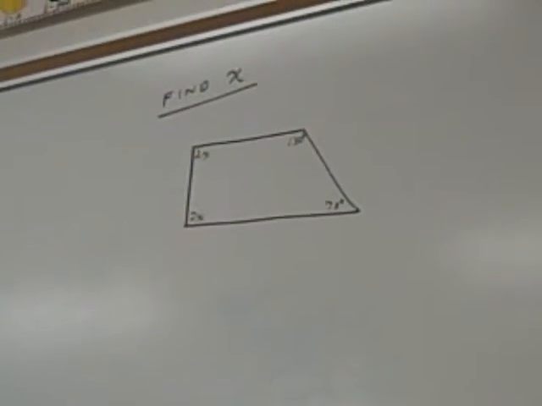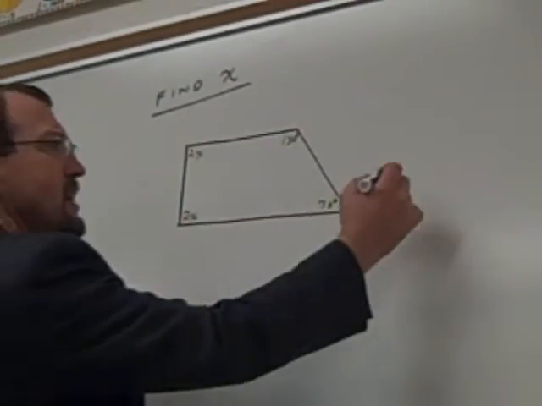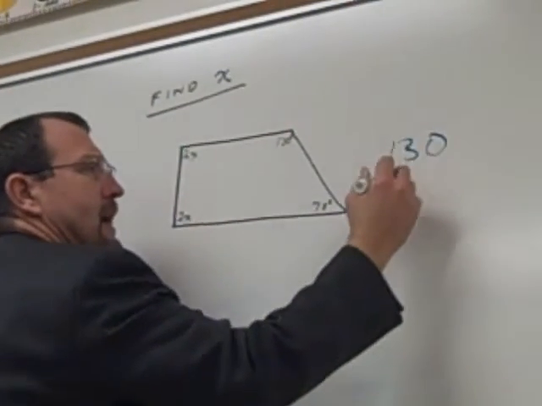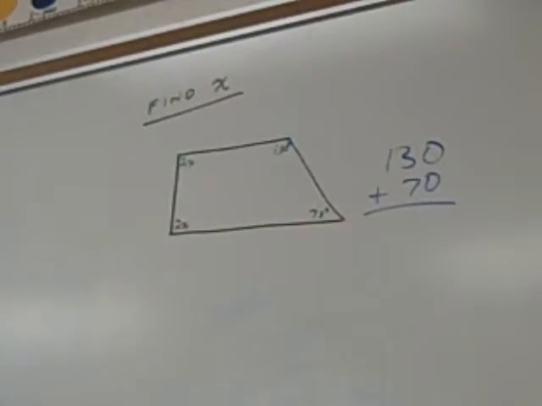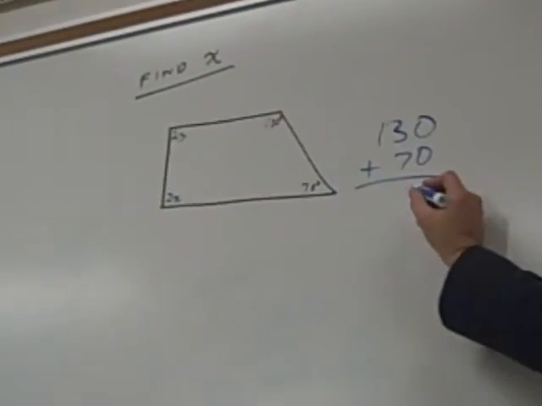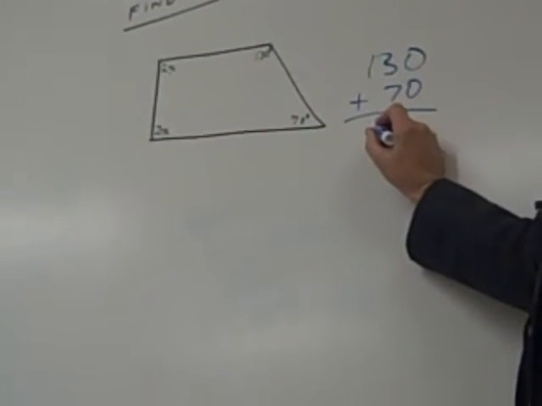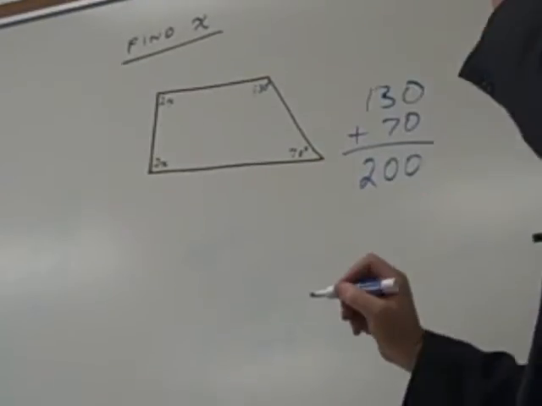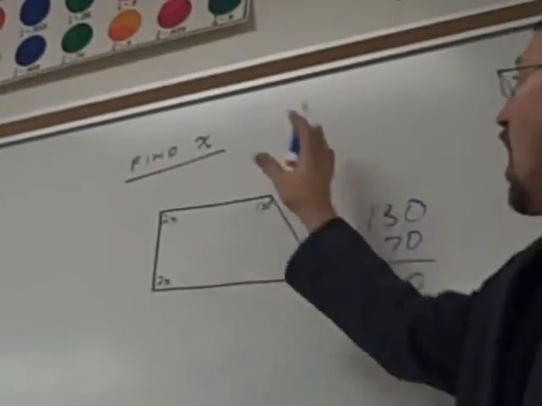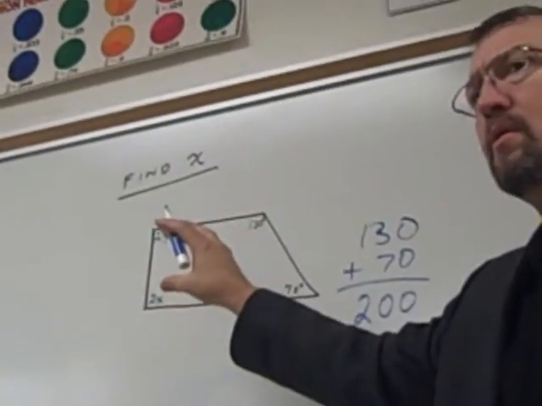Add 130 and 70. Let's add 130, just to look at it, plus 70. How much? Exactly 200. Now what is all of them supposed to equal?